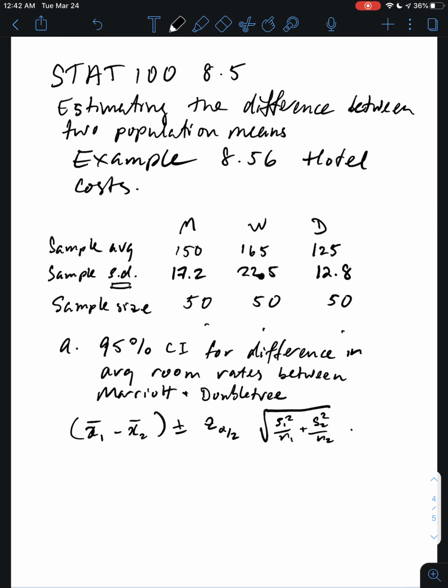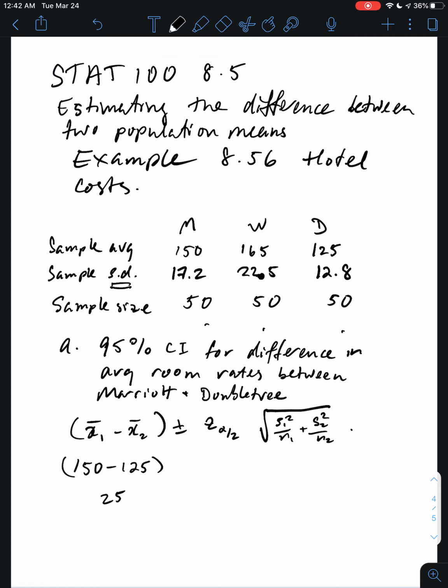All right, now it's really just a matter of filling in the blanks. It's pretty straightforward. So note that we're going to call x1 Marriott and x2 DoubleTree, 150 for Marriott, 125 for DoubleTree. And that is going to be 25. And so that is what we see as the difference, that Marriott is $25 more than DoubleTree.